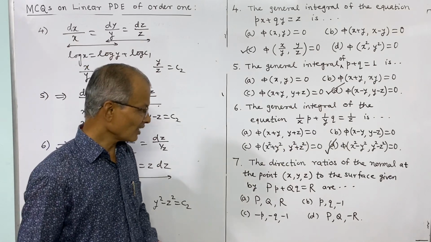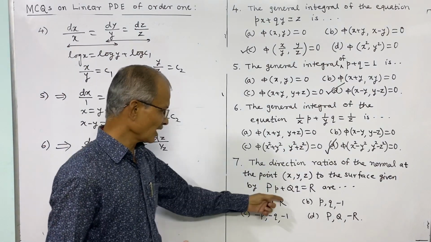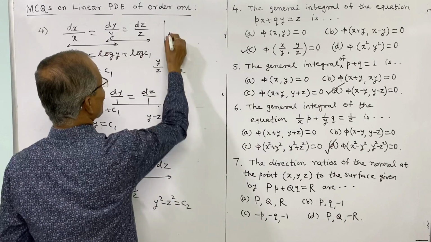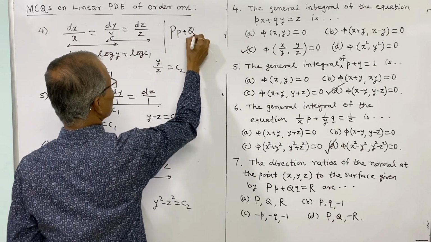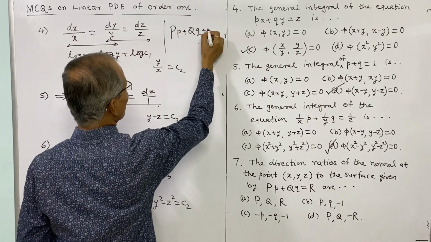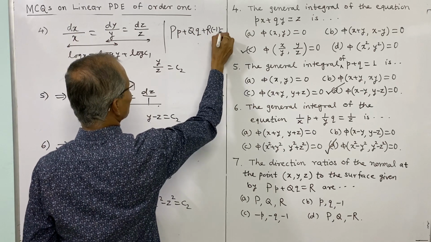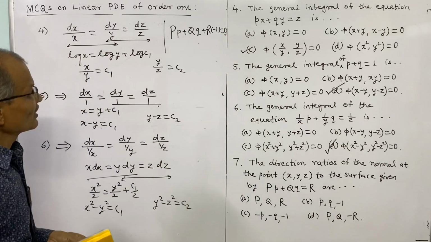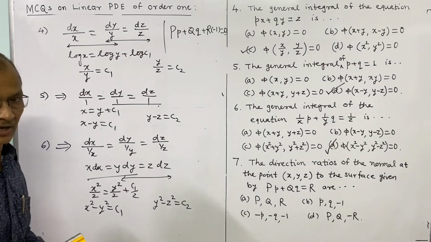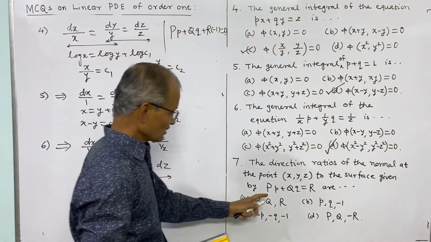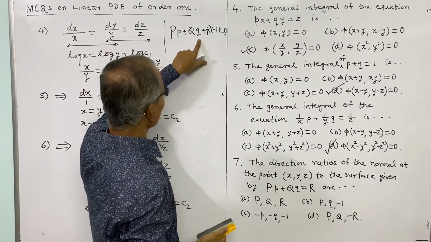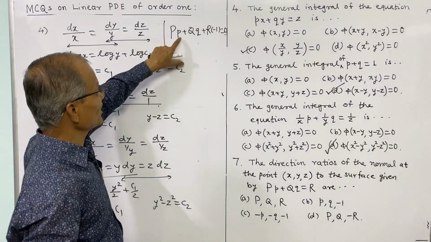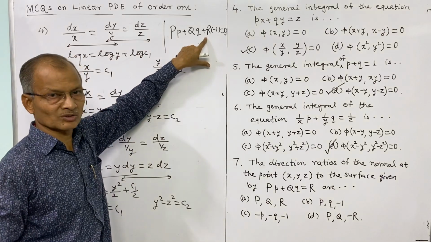Here we know that this equation can be written as capital P into small p plus capital Q into small q plus R into minus 1 is equal to 0. So this gives the direction ratios of the normal to the surface as small p, small q and minus 1, and capital P, Q, R will represent the direction ratios of the tangent.